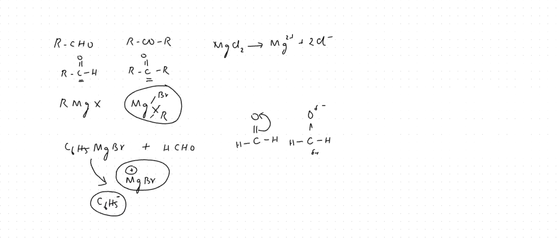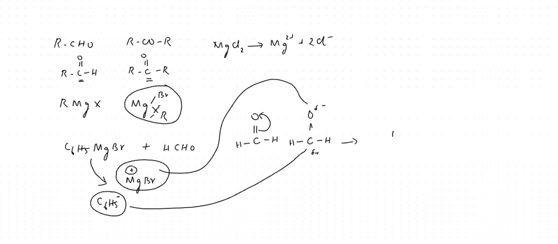This phenyl group is migrating towards the positive charge and the MgBr is migrating towards the negative charge. And what is finally formed is HC, here OMgBr, and here C6H5.